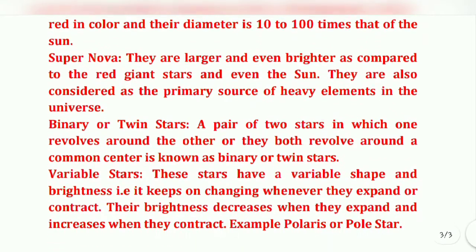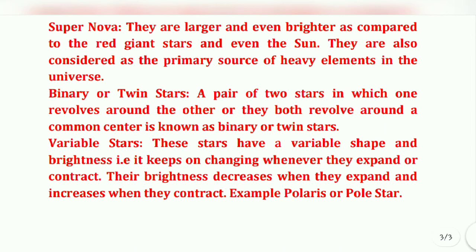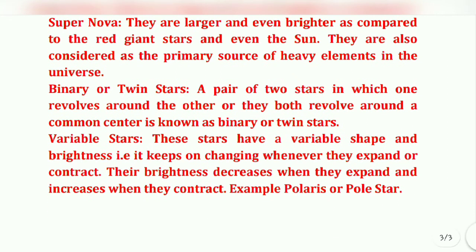Then next is supernova. They are larger and even brighter as compared to the red giant stars and even the sun. They are also considered as a primary source of heavy elements in the universe. Then binary or twin stars, a pair of two stars in which one revolves around the other or they both revolve around a common center, is known as binary or twin stars.